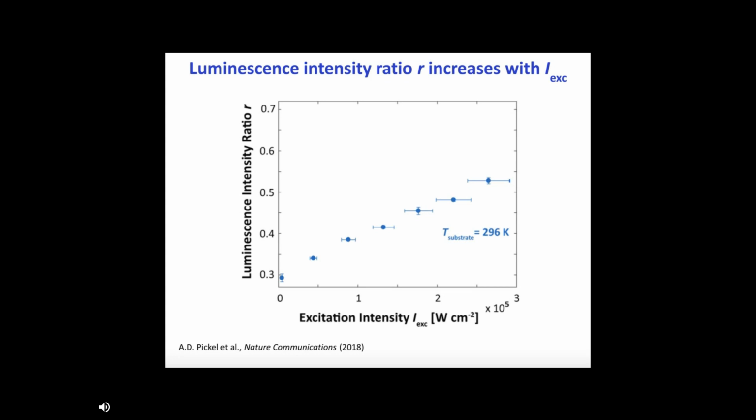And we see that as we increase the excitation intensity, that temperature-dependent ratio also increases. Likewise, if we park our thermal stage at a higher temperature of 350 Kelvin, and we again increase the excitation intensity, we once again see that this temperature-dependent ratio increases.